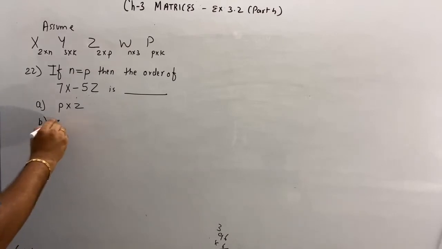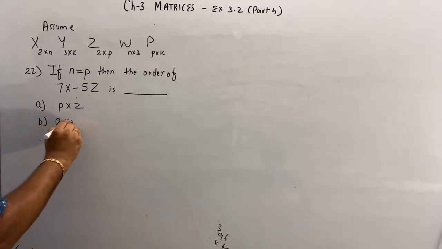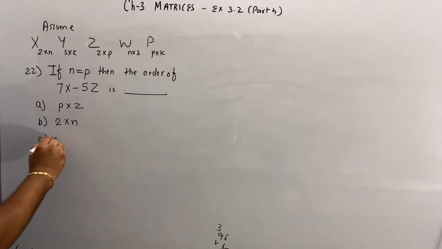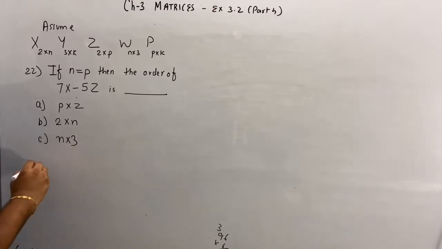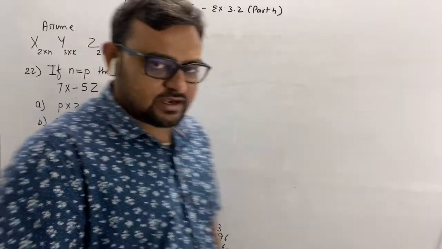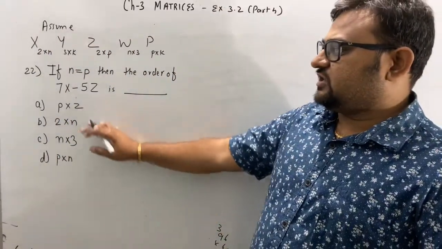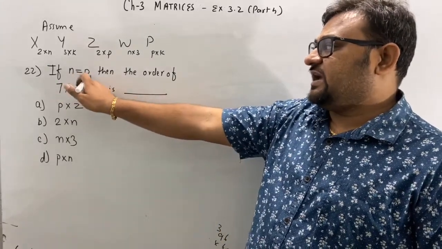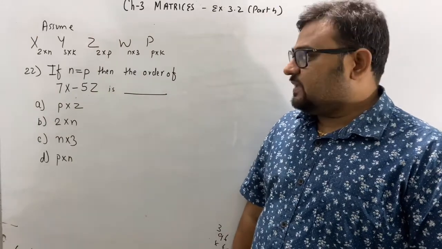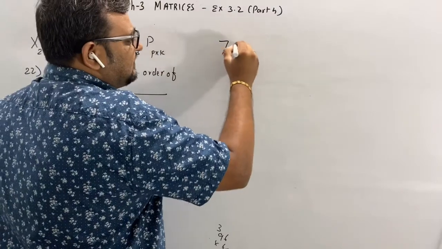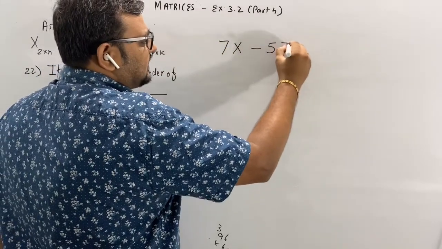Option B, 2 cross N. Option C, N cross 3. And option D, P cross N. Okay, so these are the four options. The given thing is n is equal to p, and then you have to find out the order of 7X minus 5Z. So I'm writing 7X minus 5Z.